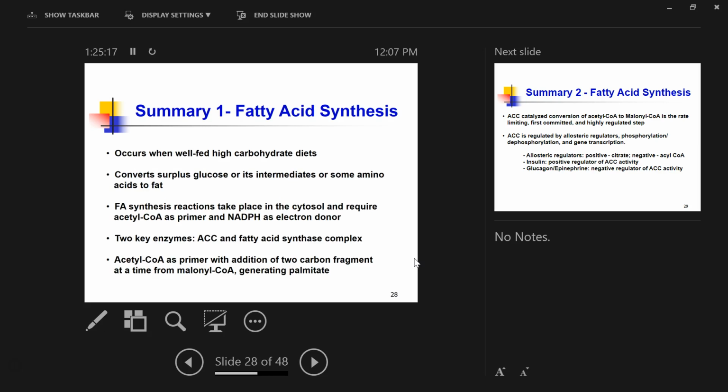Okay, now I just want to summarize fatty acid synthesis, or de novo lipogenesis. When does this occur? In the fed condition, right? Particularly with a high carbohydrate diet.